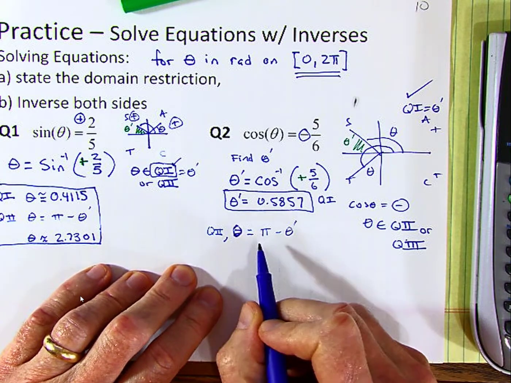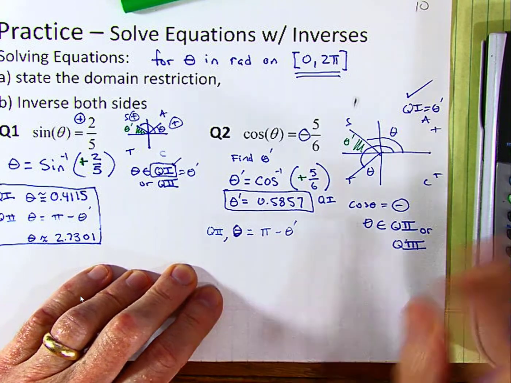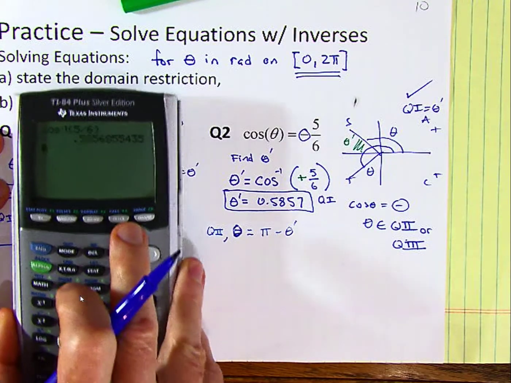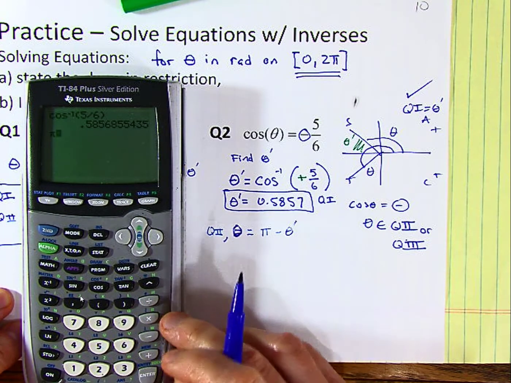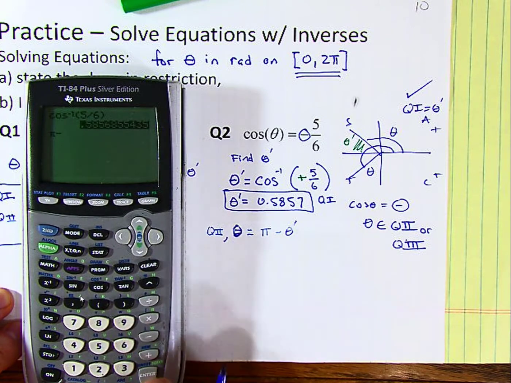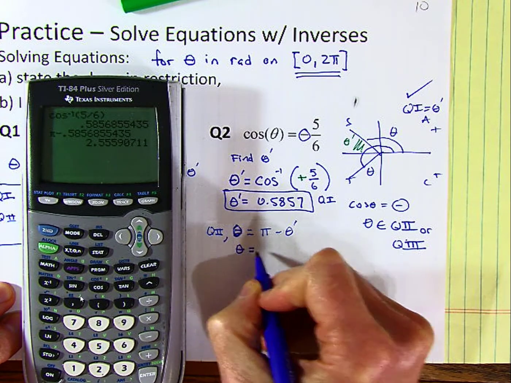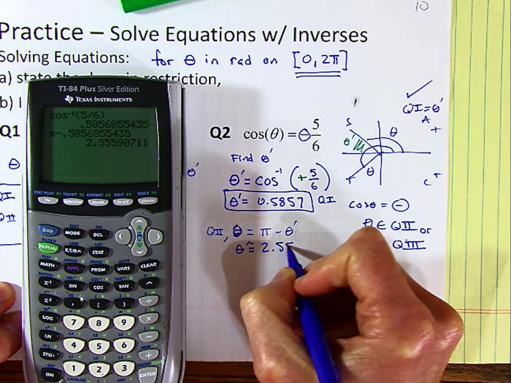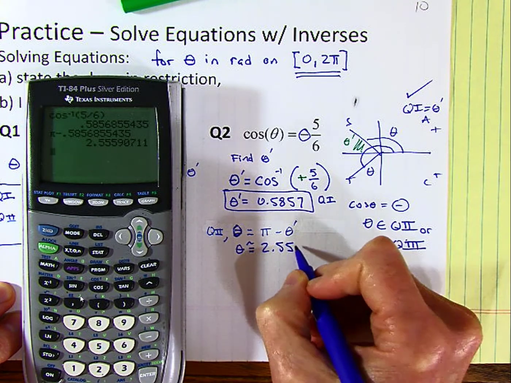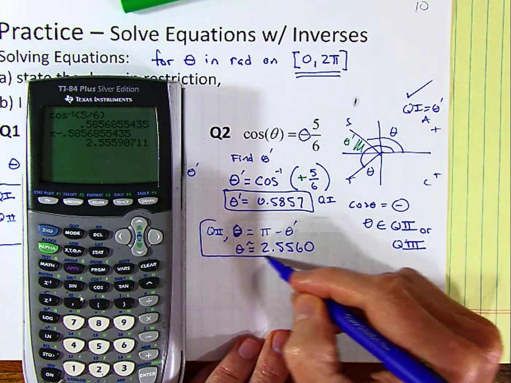And that is just purely a calculator problem. I have the reference angle, I have pi, I'm going to do the subtraction. So pi minus, I'm going to come up here and grab the reference angle, minus that, and then enter the subtraction. And I got my quadrant 2 solution. It's approximately 2.5560. So I'm keeping them to 4 decimals here.